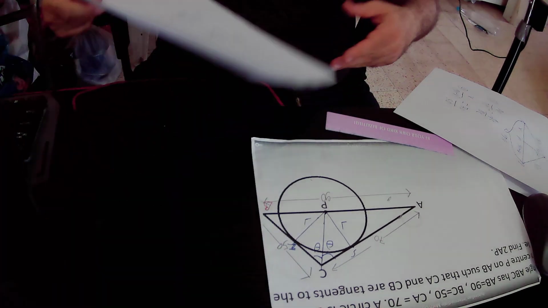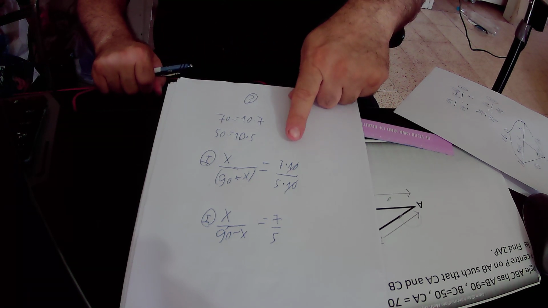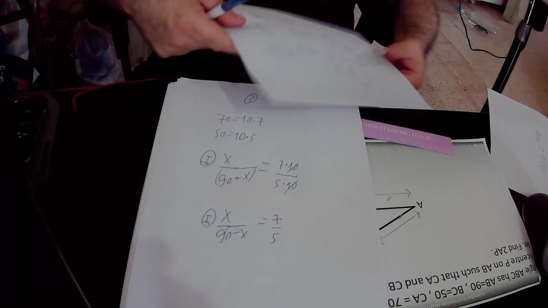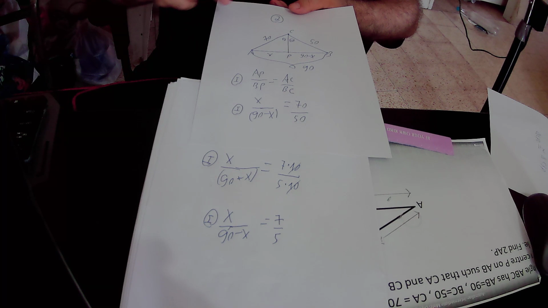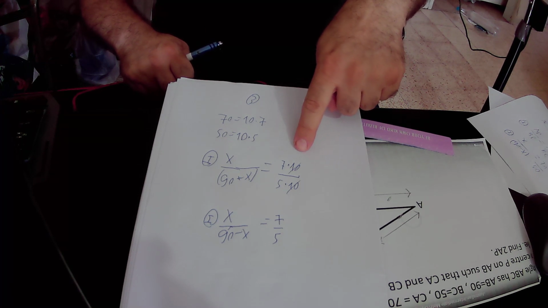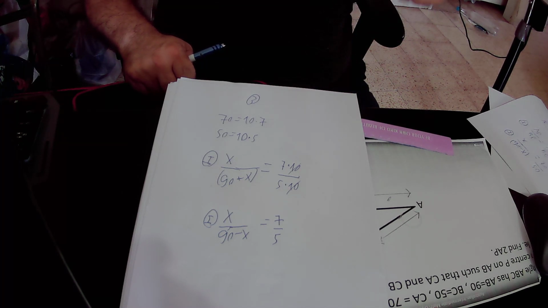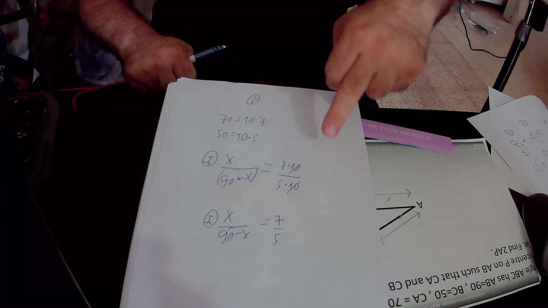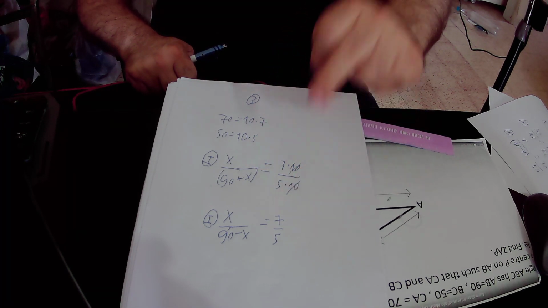Here 70 is 7 times 10 and 50 is 5 times 10, so we cancel 10 in both the numerator and the denominator, and we get x over 90 minus x equals 7 over 5.